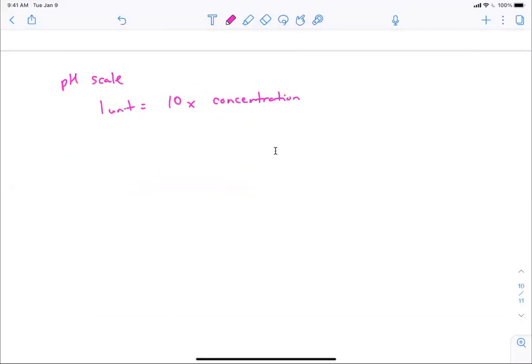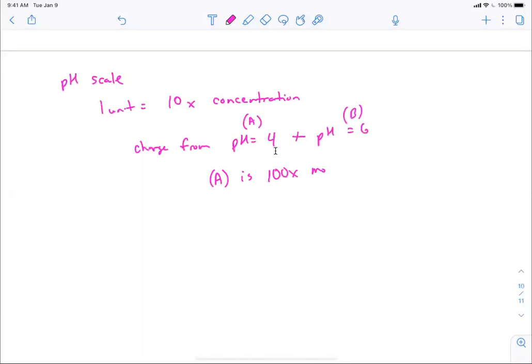So understanding that when I change from a pH of 4 to a pH of 6, that means A is 100 times more concentrated in H plus ions than B. So whatever the molarity of my B is, A is 100 times that.